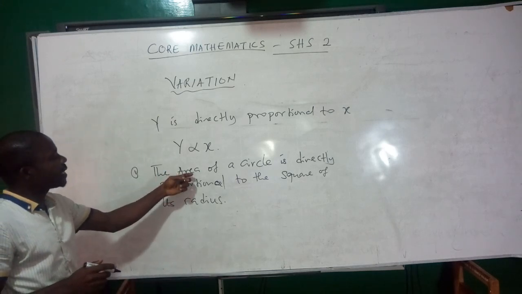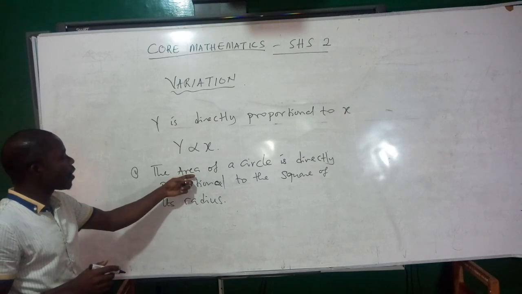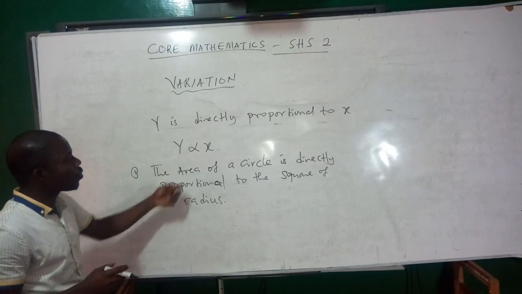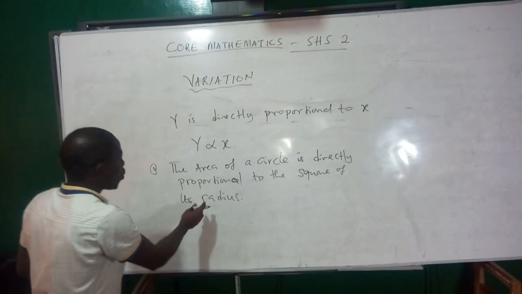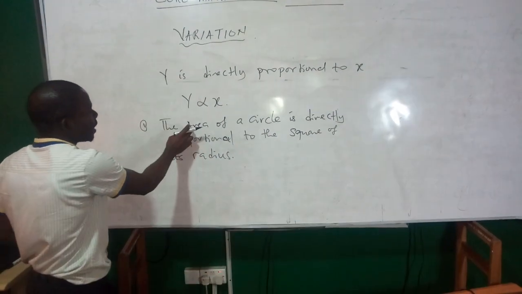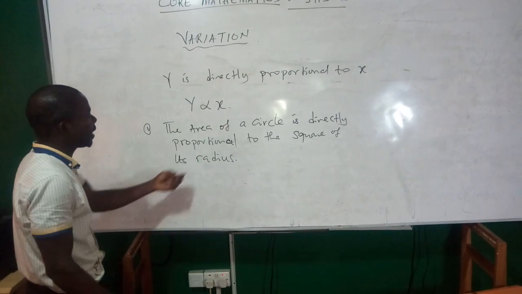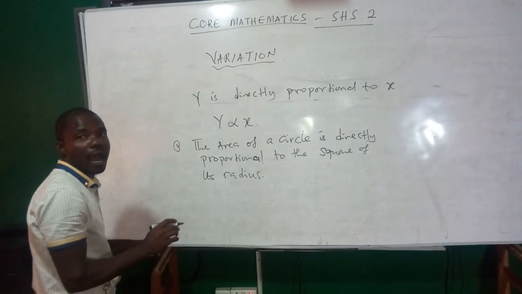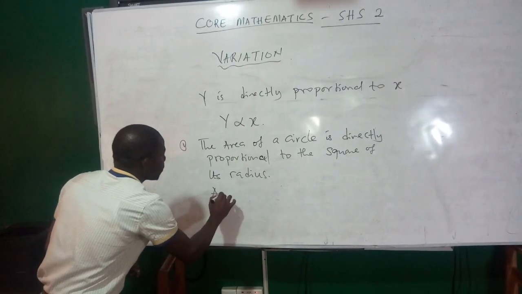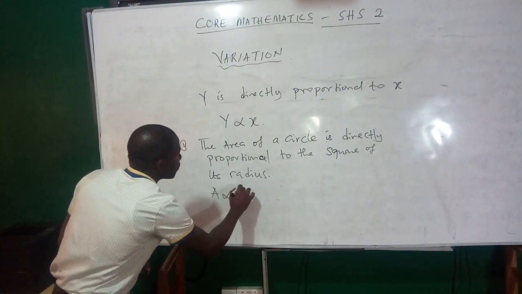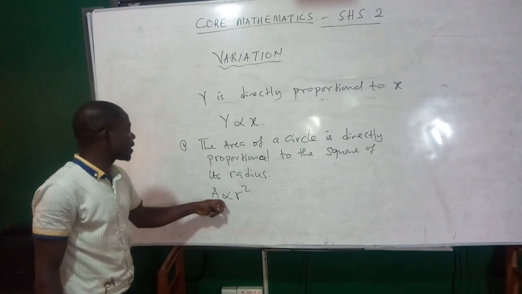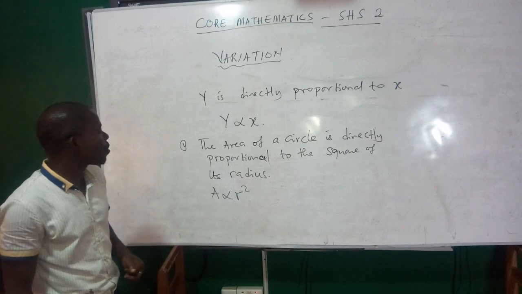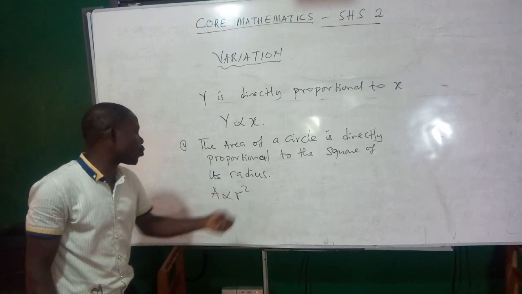Here we represent the area, which is a variable, by a variable, and the radius also by a variable. So let's use A to represent the area and R the radius. And then we are going to have A is directly proportional to the square of R, or R squared.